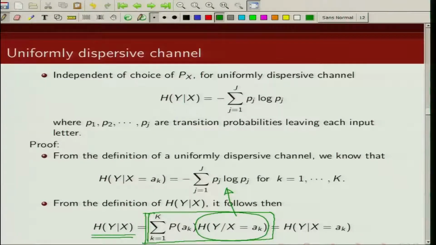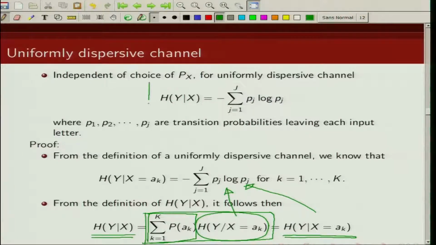So, you take this out, and then you are left with the summation of P of ak summed over all k's. That summation is 1. So, we have proved that the uncertainty in y given x is given by the uncertainty of y given x equal to some ak, and this is nothing but given by this.